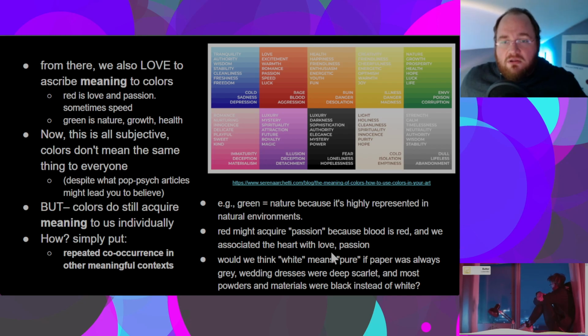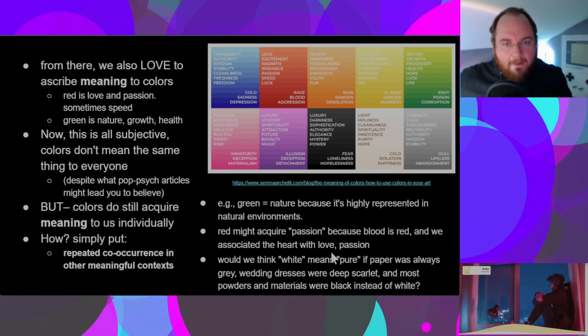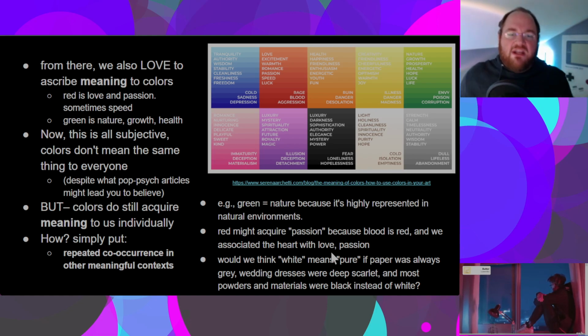Red has all these connotations based on where we've seen it before. Interesting concept. Green is to do with nature and growth and health, and somehow we've bastardized it into money as well. But these semantic connections to color, again, are subjective.